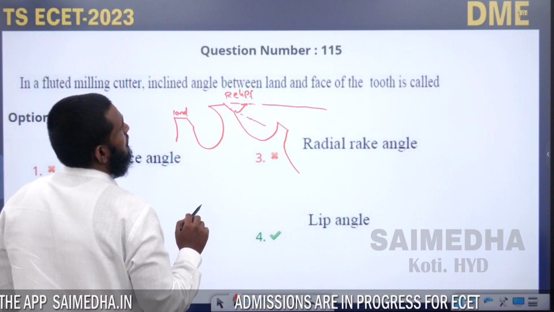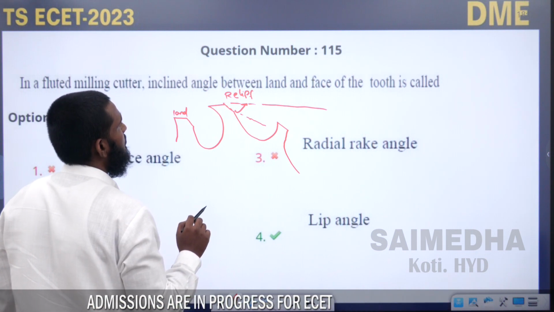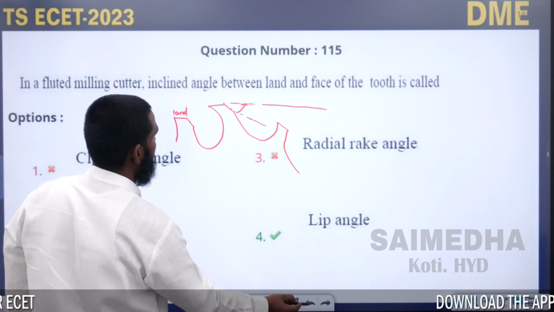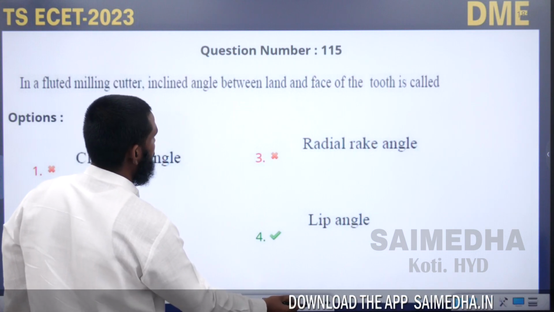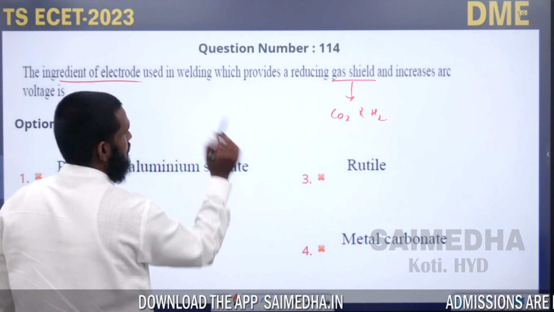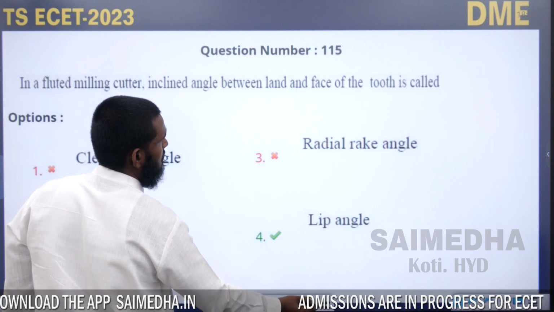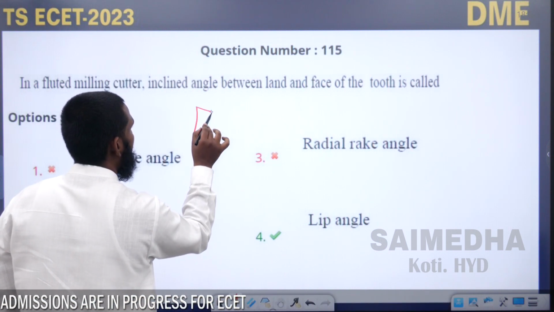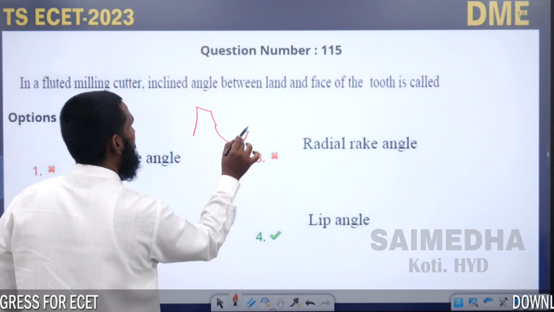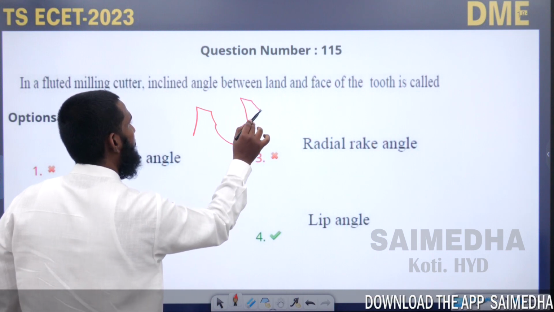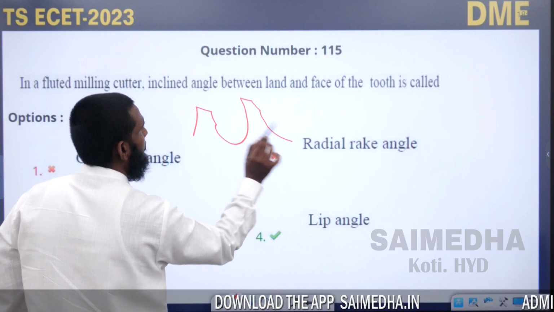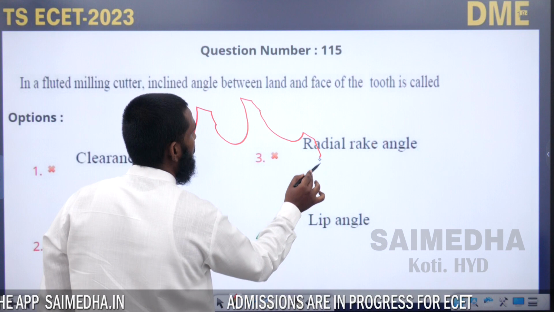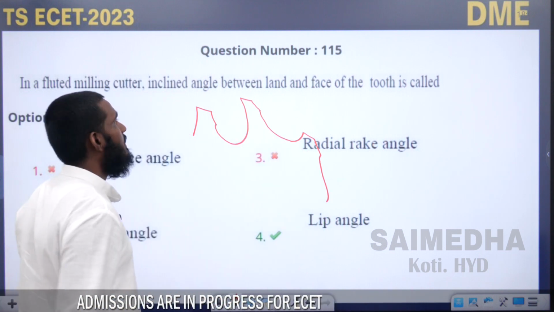Now next part, let us see here very clearly. Just a minute. Okay, over here we have taken a milling cutter again.